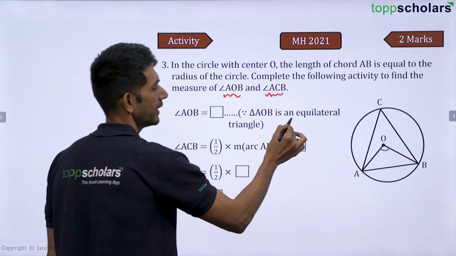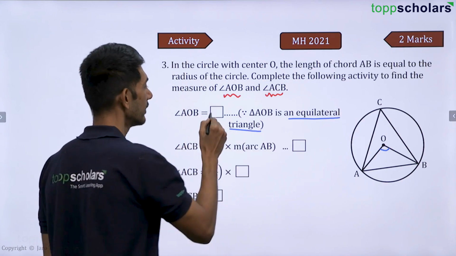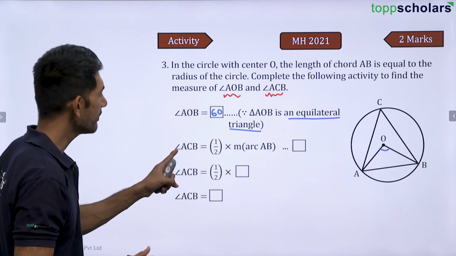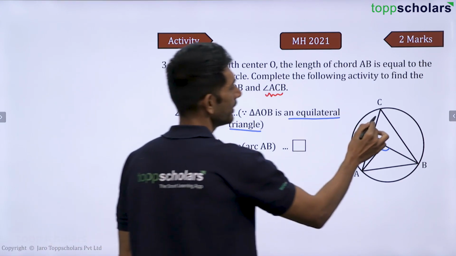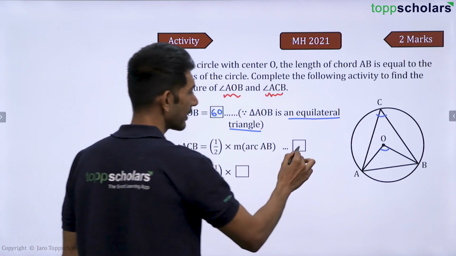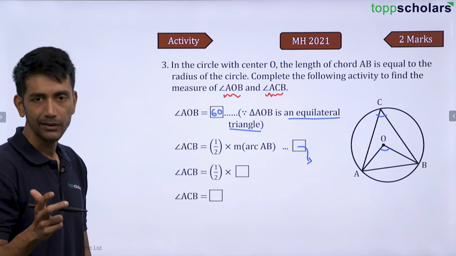So if we fill in the boxes here, angle AOB directly, it is an equilateral triangle. So what is the measure? We are supposed to write down the measure here. That is 60 degrees, correct? ACB is half of AB. We are supposed to write down the reason here. What is the reason? Inscribed angle theorem.